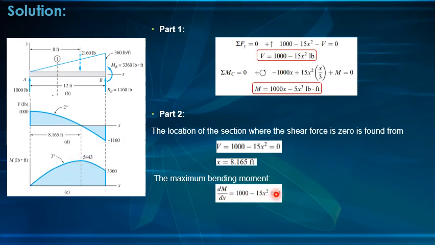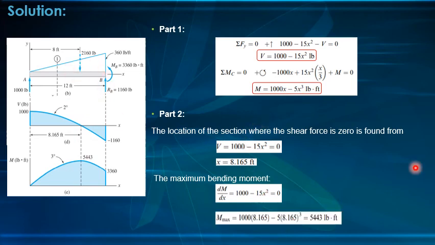Okay, so if we're using this equation, actually it is the same as this one. So we will be able to get for an x as well, that is equal to 8.165 feet. Yun magiging x niya. That is the location of your maximum moment. Okay, since alam na natin yung value ng x, we will then substitute that with this value para malaman natin kung ano yung maximum moment ng figure natin.